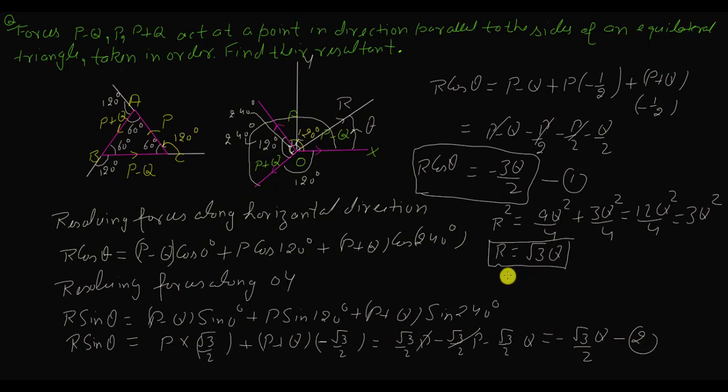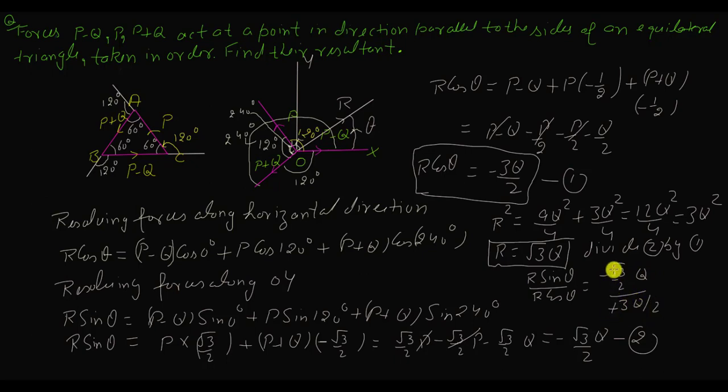Now to find the direction, what will we do? You will divide 2 by 1. What will we get? You will get R sin theta divided by R cos theta is equal to minus root 3 by 2 Q divided by minus 3 Q by 2.